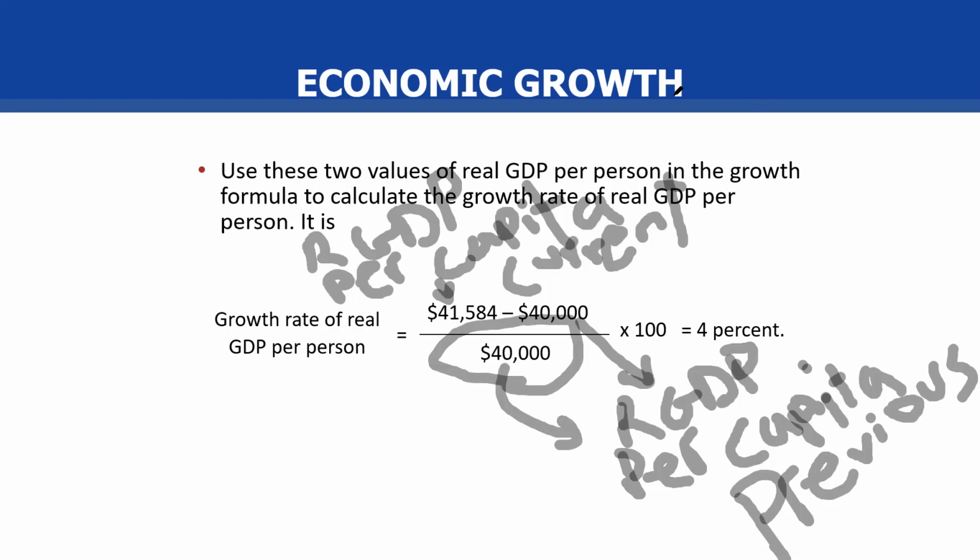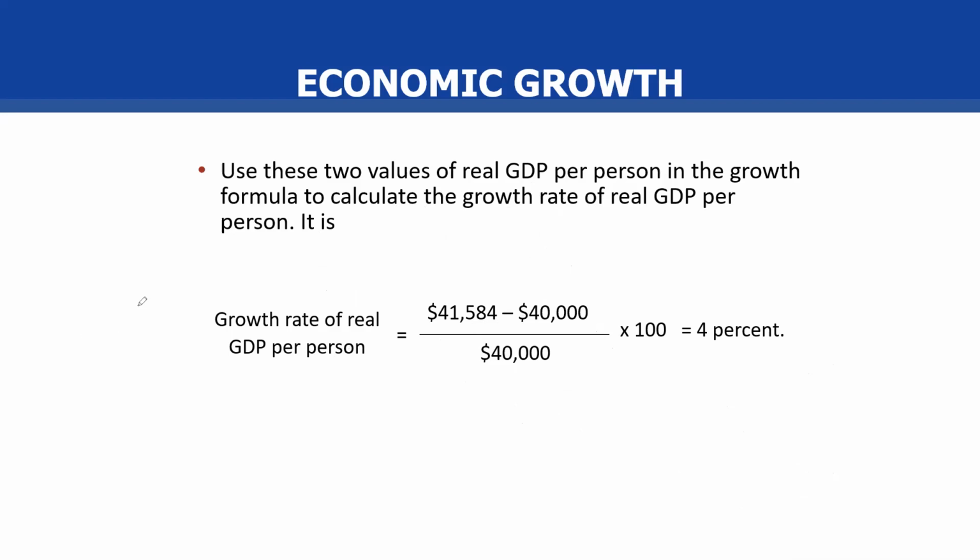For growth rate of real GDP per person, you can either use this formula, real GDP per capita of the current year minus real GDP per capita of the previous year divided by real GDP per capita of the previous year. So this is formula number one for growth rate of real GDP per person or real GDP per capita, okay?